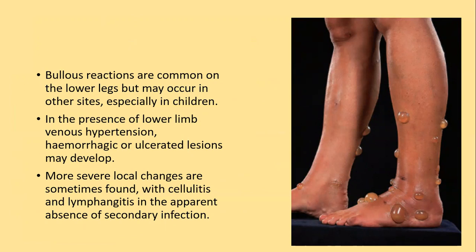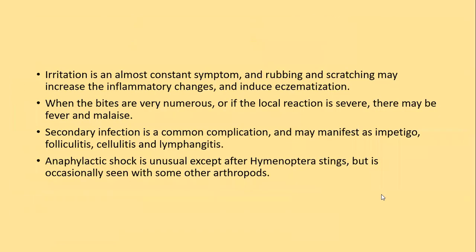More severe local changes, such as cellulitis and lymphangitis, are sometimes found in the apparent absence of secondary infection. Irritation is an almost constant symptom, and rubbing and scratching may increase the inflammatory changes and induce eczematization.